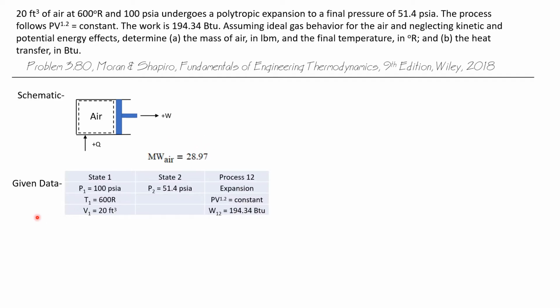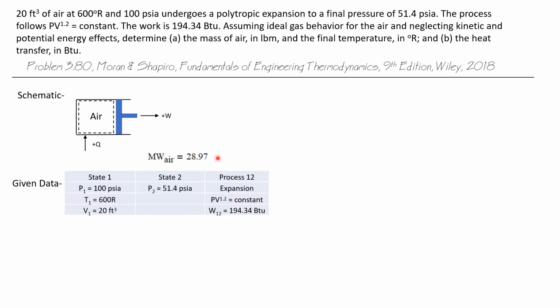For this, let's summarize our given data. We know that at state 1, the pressure is 100 psi, and that's an absolute pressure. The temperature at state 1 is 600 degrees R, and the volume at state 1 is 20 cubic feet. At state 2, we know the pressure is 51.4 psi, and that's an absolute pressure.